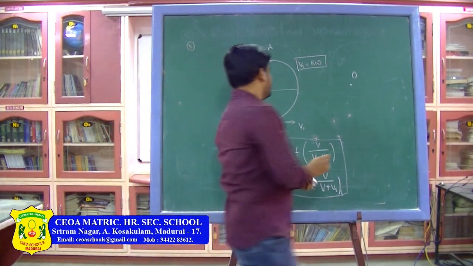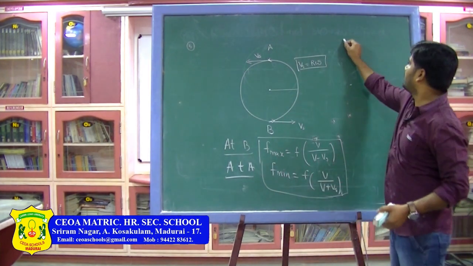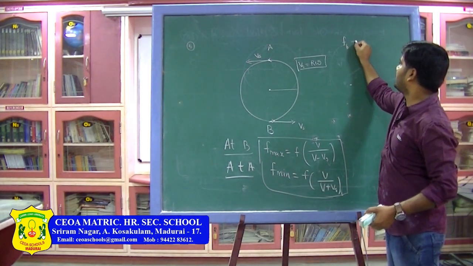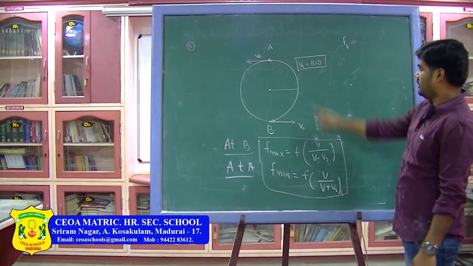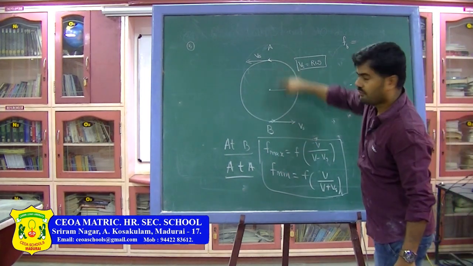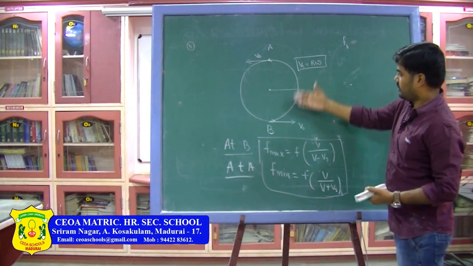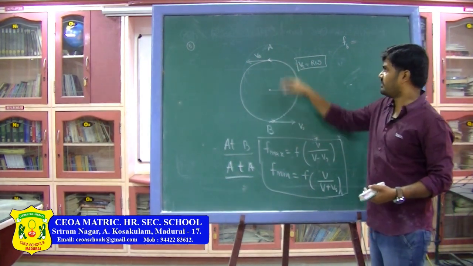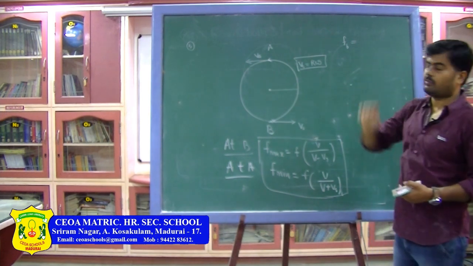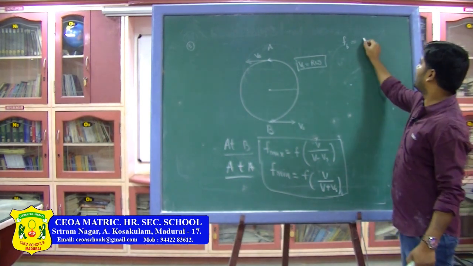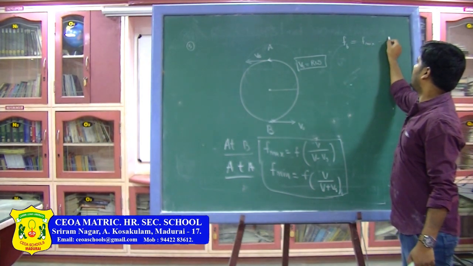In this case you can take the difference between the two frequencies, that is, fb is the beat frequency with these maximum and minimum frequencies, meaning how many possible beats there are when the source is moving in the circular path. You just take the difference between the maximum and minimum frequencies.